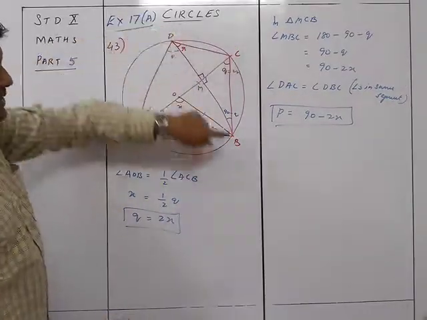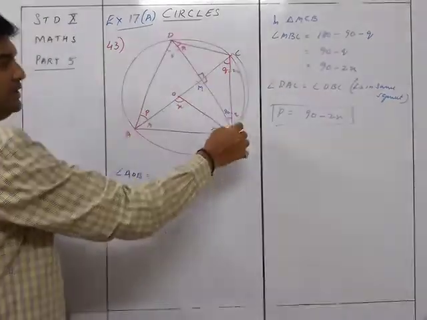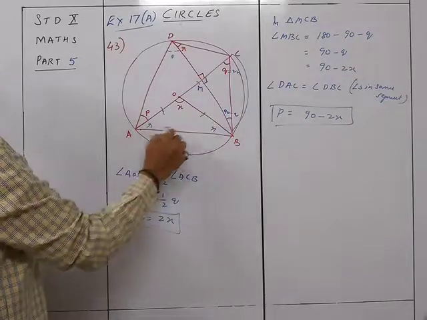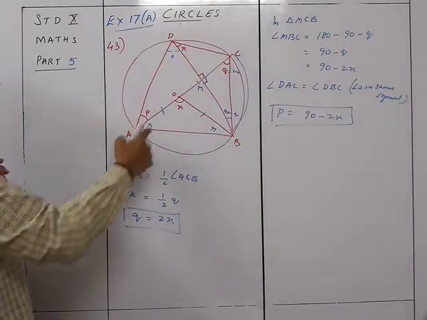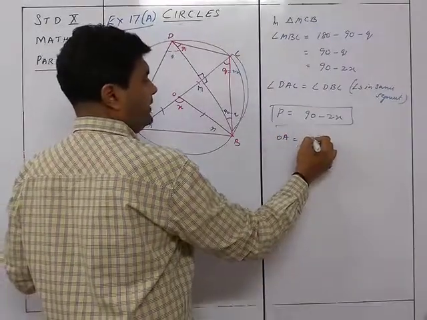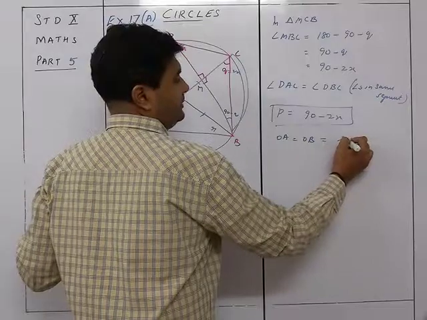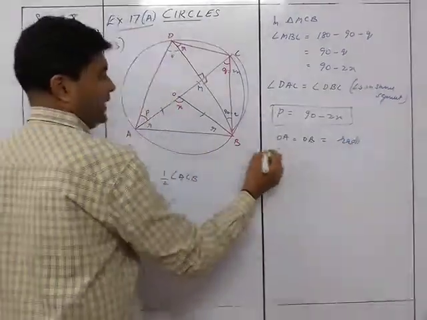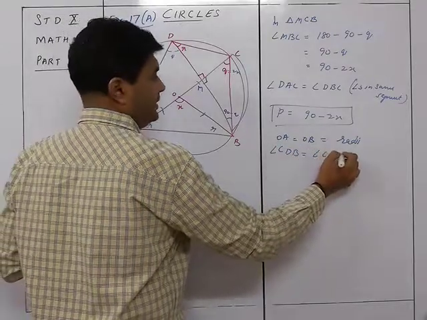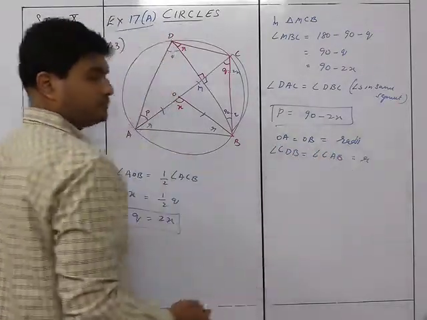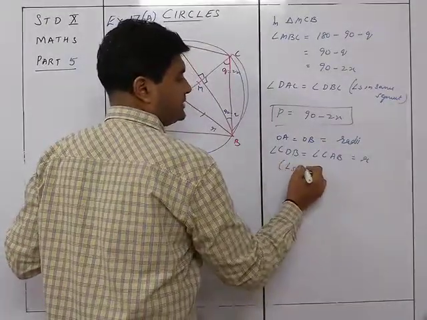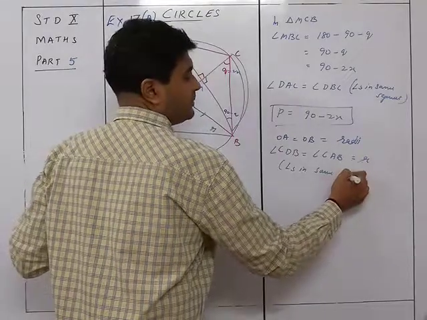Because DCB is subtended by this arc, and this arc also subtends this angle over here, and these two are radius, so both will be r. So you can see over here that OA is equal to OB is equal to radii, and angle CDB is equal to angle CAB is equal to R. Angles in same segment.